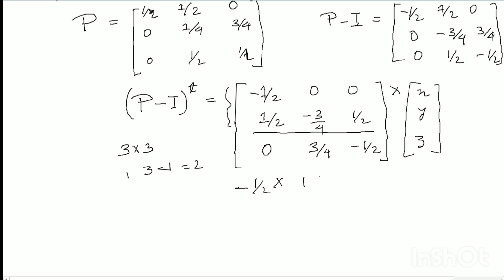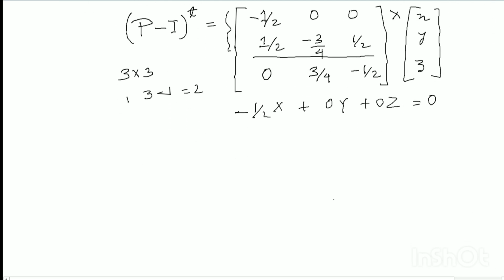Minus half x plus 0 y plus 0 z equals 0, and half x minus 3 by 4 y plus half z equals 0. So these are the two equations, and we know that x, y, z are all probabilities, so x plus y plus z equals 1.